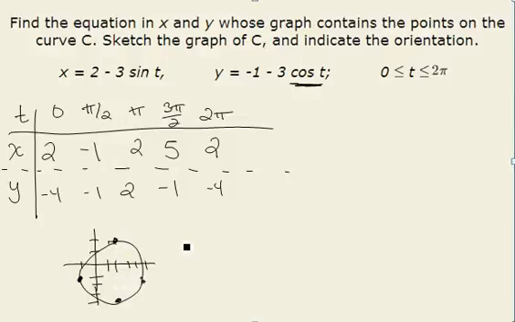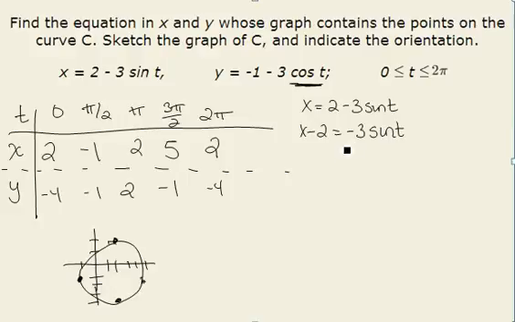In order to find that center and radius, let's first examine what that equation would look like. We will solve both our x and y in terms of sine and cosine. So we have x equal to 2 minus 3 sine of t. Therefore, x minus 2 is equal to negative 3 sine of t.